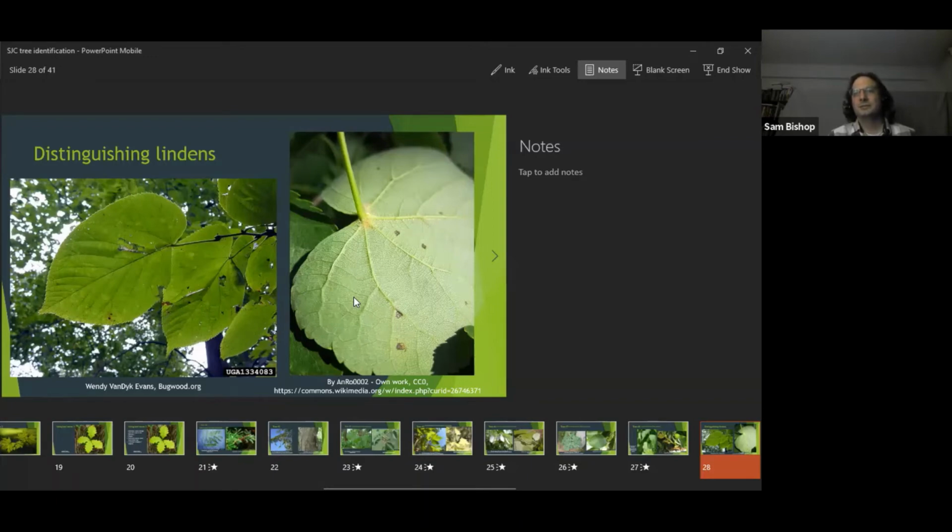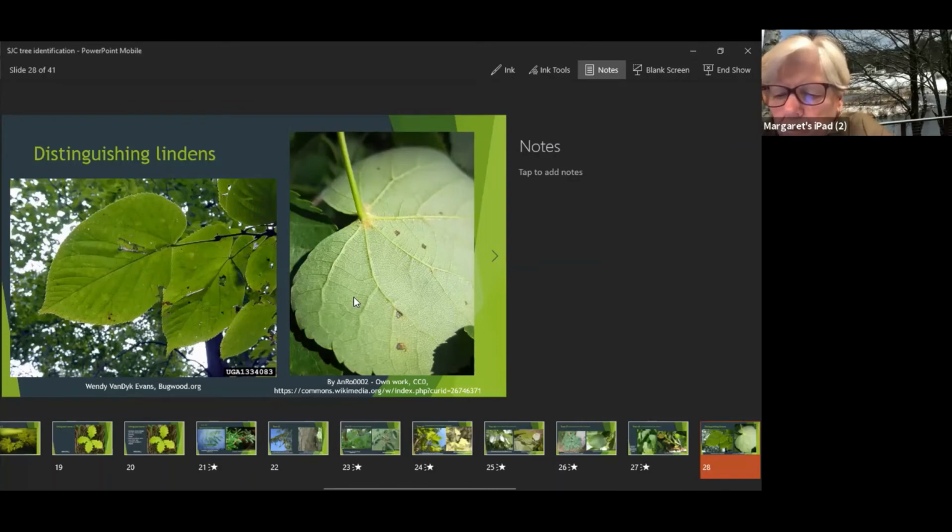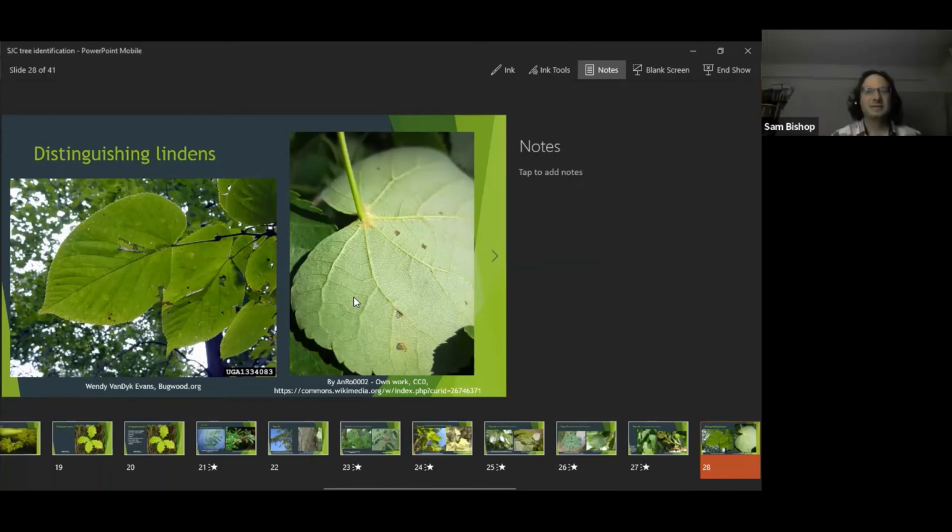As the leaf has more time on the tree, it will start to turn tan. If you see that little cluster of tan fuzz where the leaf stem joins it, little leaf linden. If you don't see it, like the leaves on the left there, American linden. So that's pretty much a 100% clue.